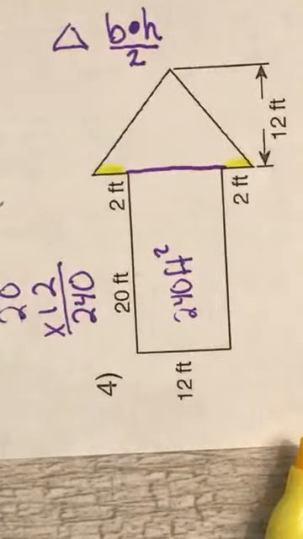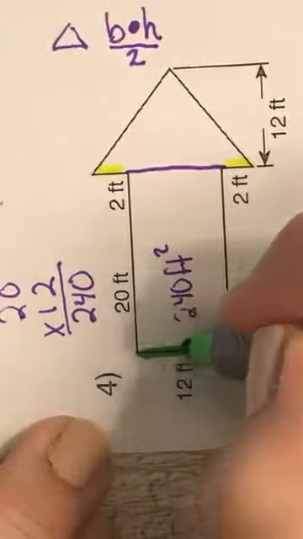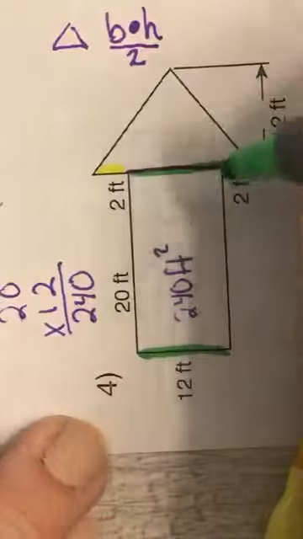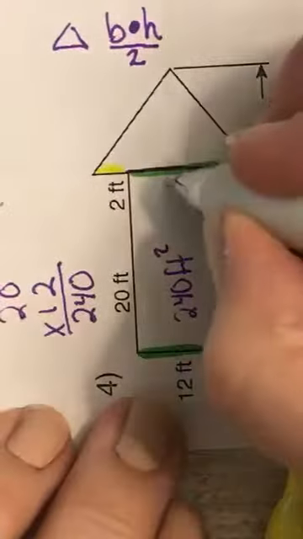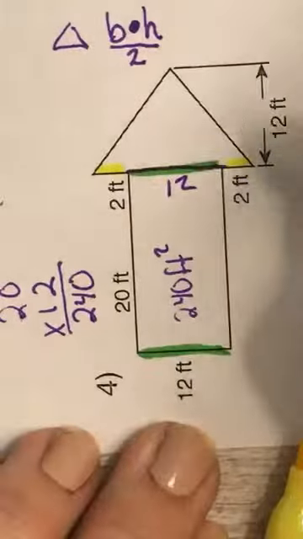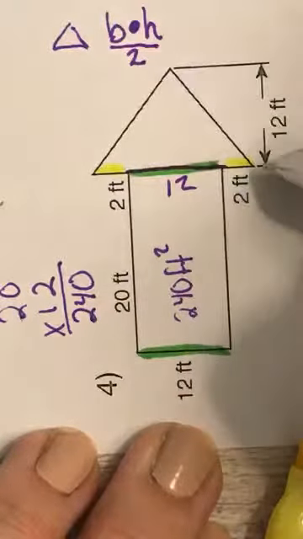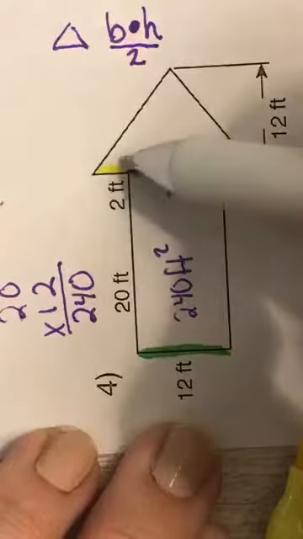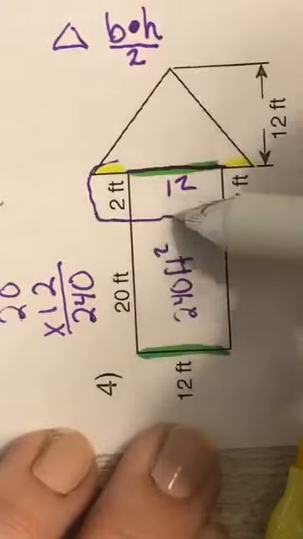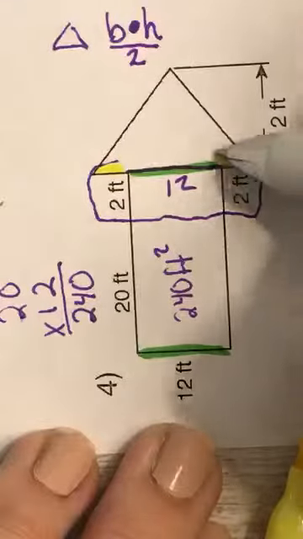Let me grab a different color highlighter. Since this is 12, this part has to be 12. Okay? Now, we're not doing the base of this part times the height divided by 2, but we need the whole base, guys, here. We've got 2 and 12 and 2.